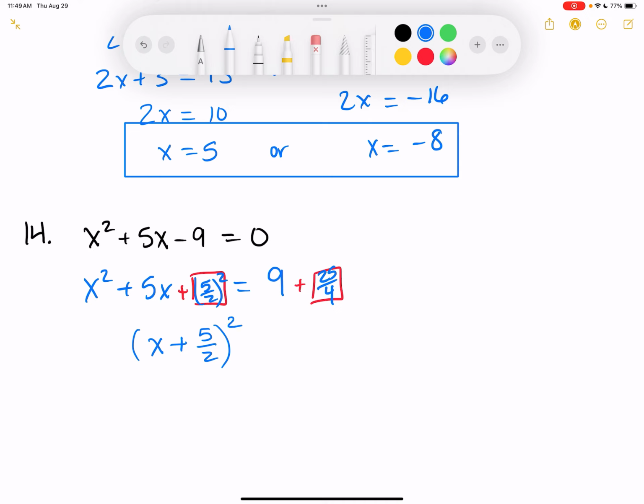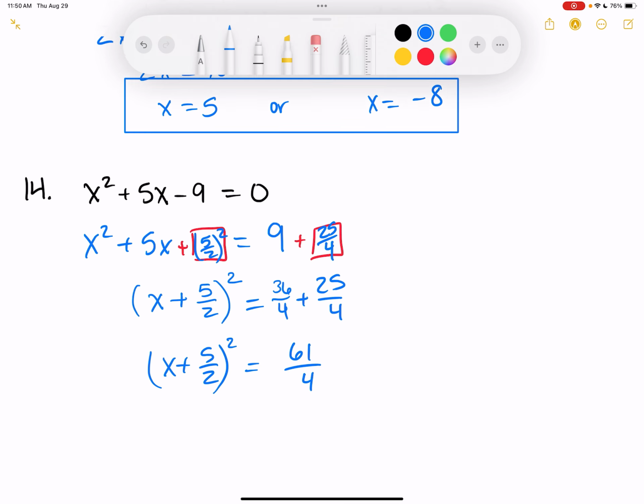It's literally the first term and the last term, whatever the sign of the middle term is, and squared. Equals, over here I can rewrite this as 36 over 4, which would be the same as 9, plus 25 over 4. So (x plus 5 halves) squared equals 61 over 4.